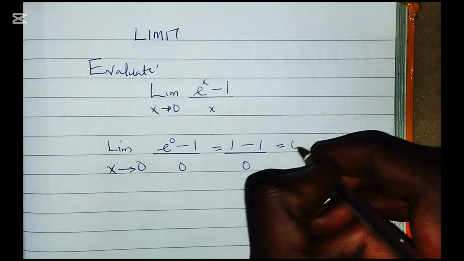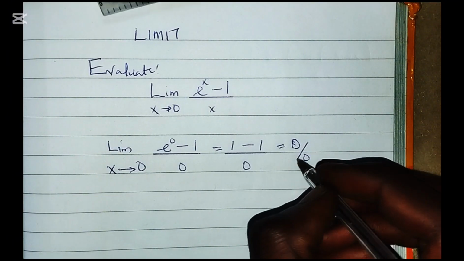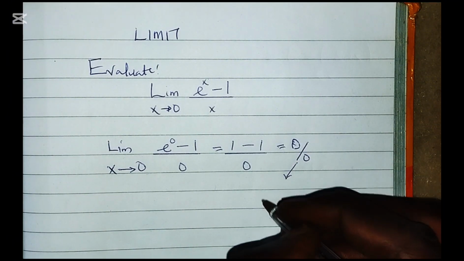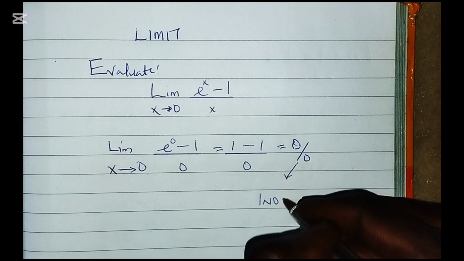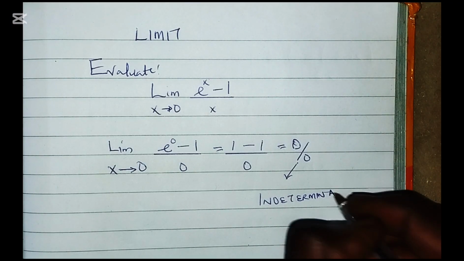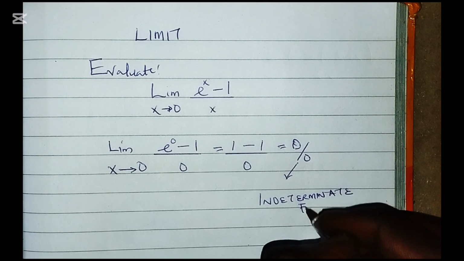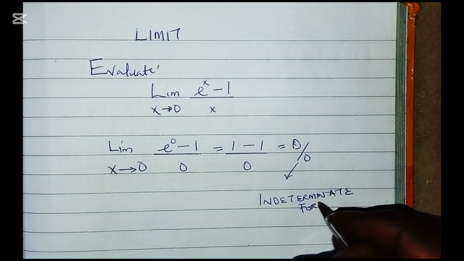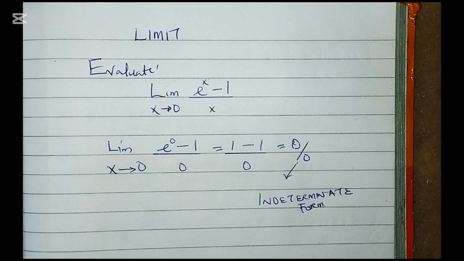This is equal to 0 over 0, which we call the indeterminate form.